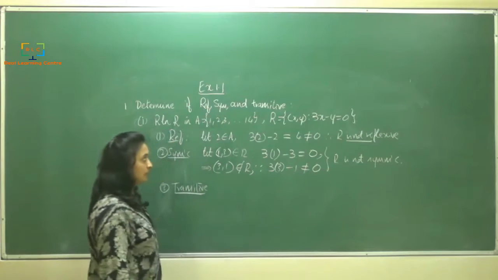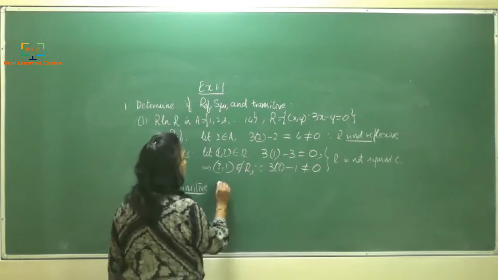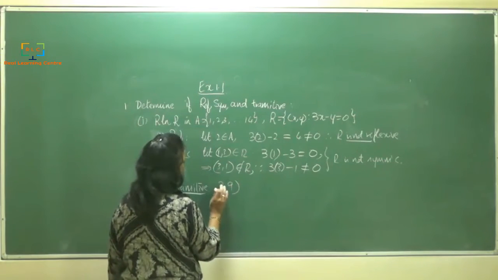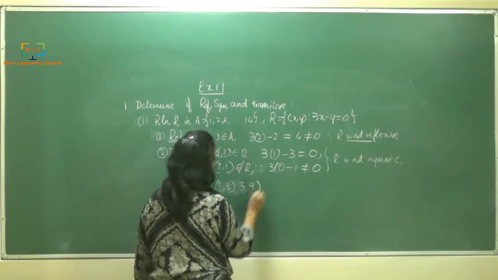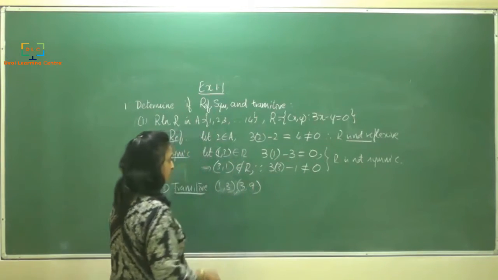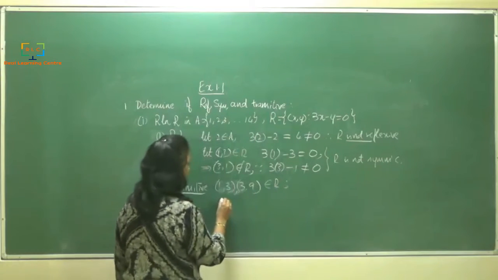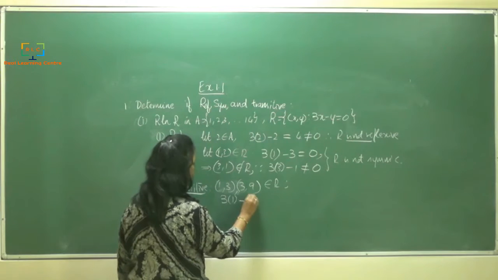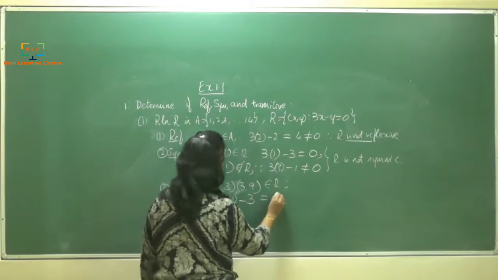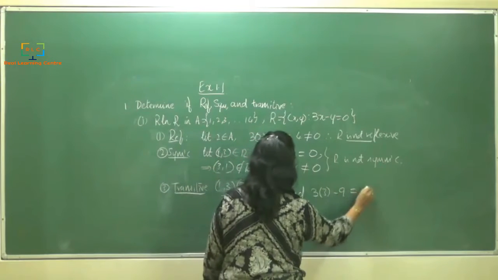Next I'll go to the third one, transitive. Now I'll take any two pairs, (1, 3) and (3, 9), which belong to R. 3 into 1 minus 3 is equal to 0, and 3 into 3 minus 9 equal to 0.